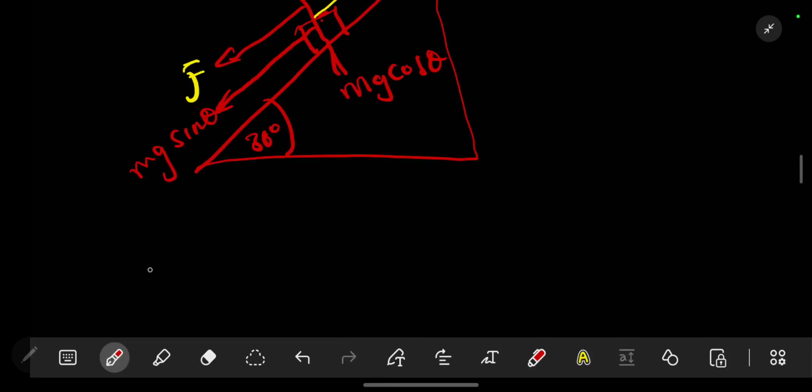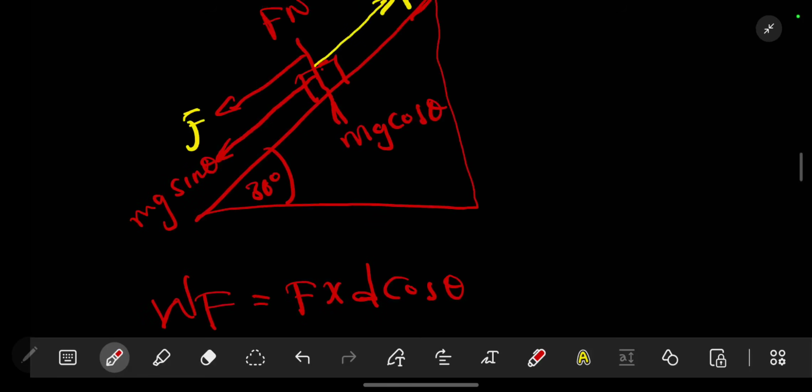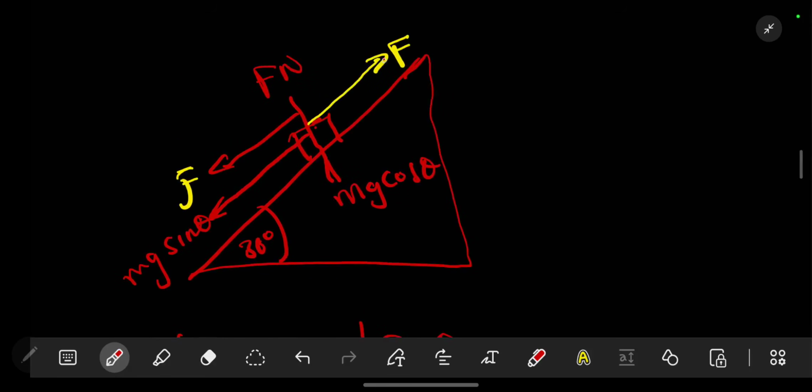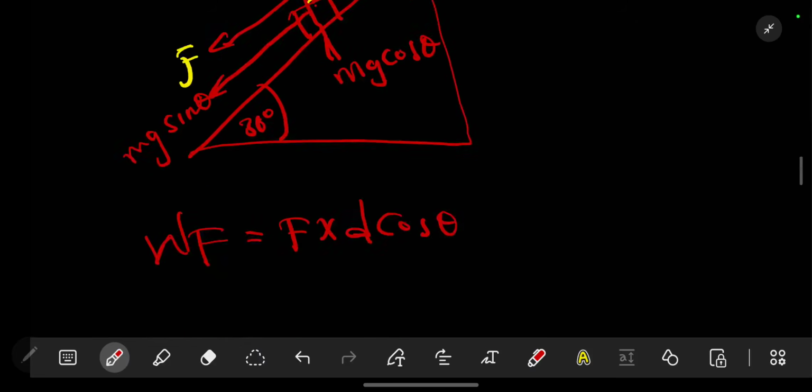So the work done by the pulling force should be equal to the product of the force and the distance times the cosine of theta. Now this cosine of theta is the one attached to d, the angle made. In this case it is parallel to the incline, which means it will be 0.